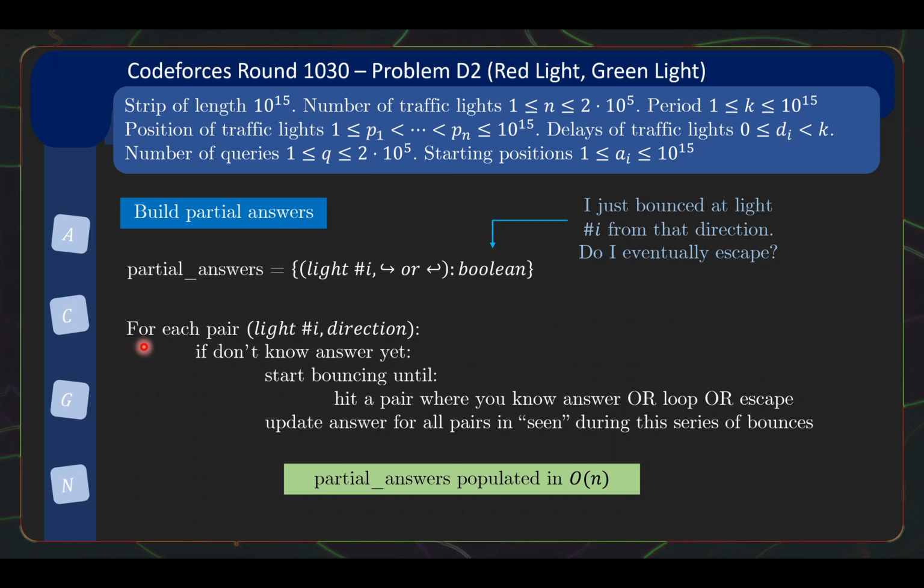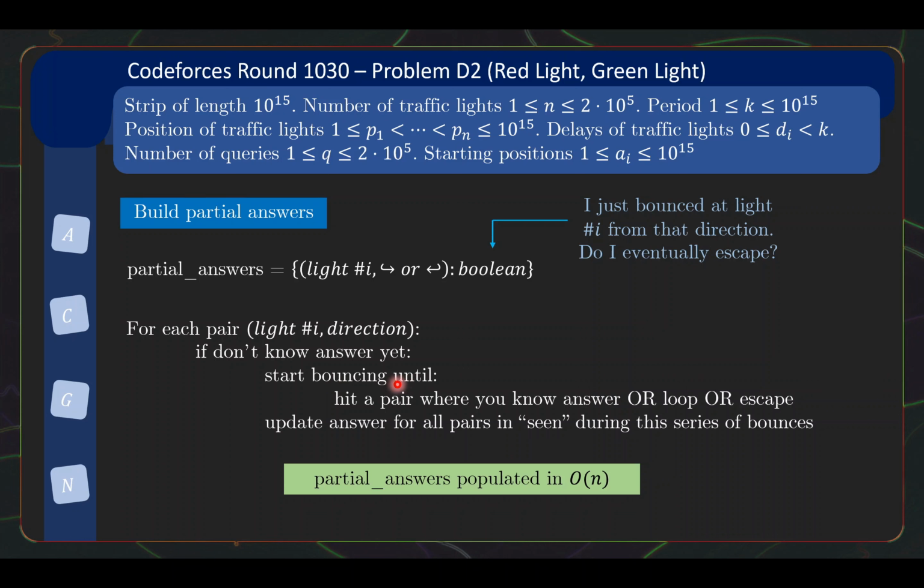You look through each possible scenario. So look through each pair of light i and direction. If you already know the answer, you can skip. If you don't know the answer yet, then you simulate the process. You start bouncing, and you check where the next bounce is using the first lookup table.